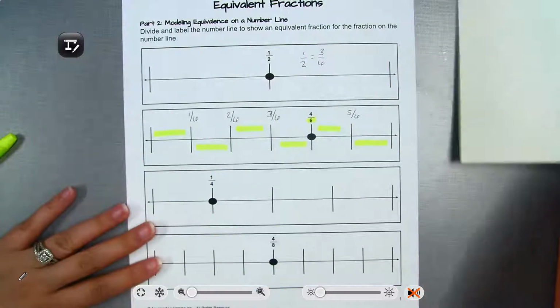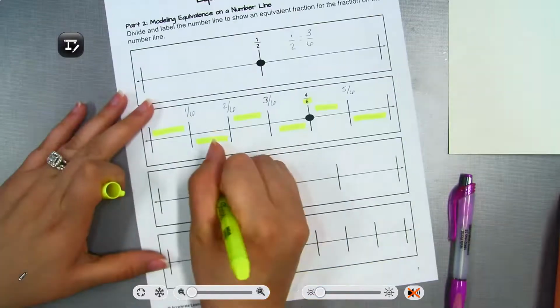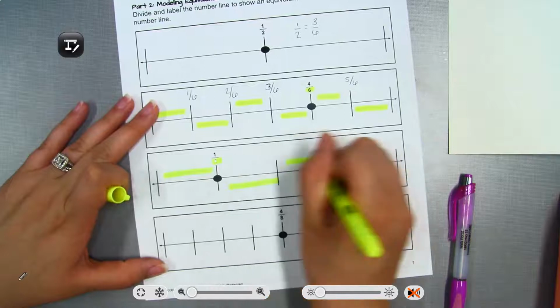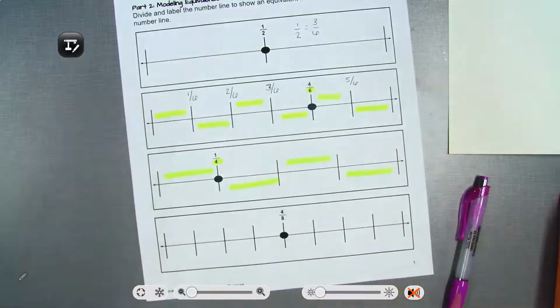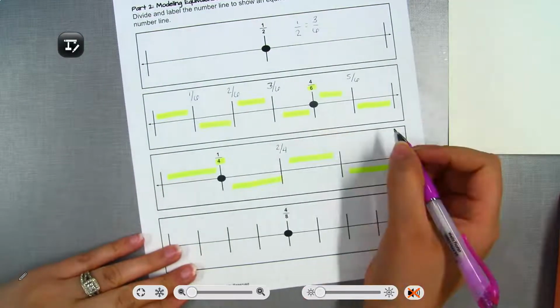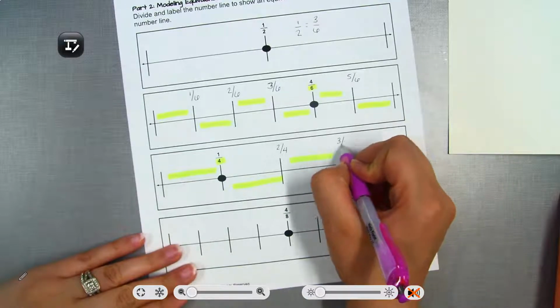Okay. Let's look at the fourths. I know this is fourths because my denominator is 4 plus I have 1, 2, 3, 4 spaces. And so I have 1/4, 2/4, and 3/4.